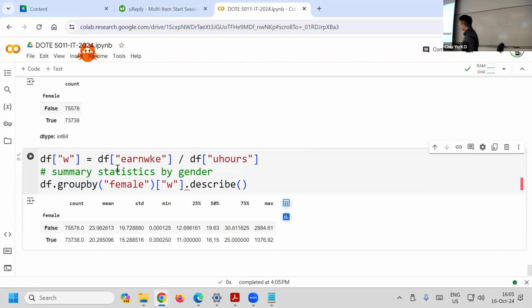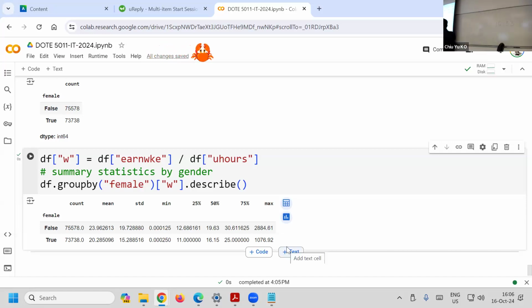So you can see that depending on whether female is true or false, the mean for men is like 23 and for females is 20. And then the rest, with the SD and the max, is all there. The max is a little bit crazy because someone is making almost 3,000 per hour.